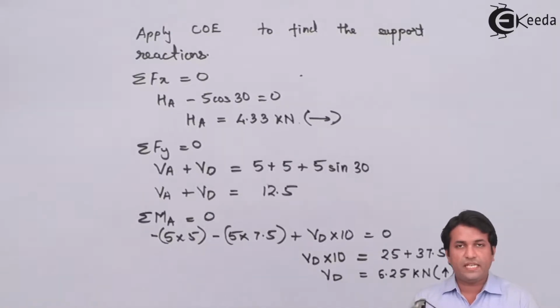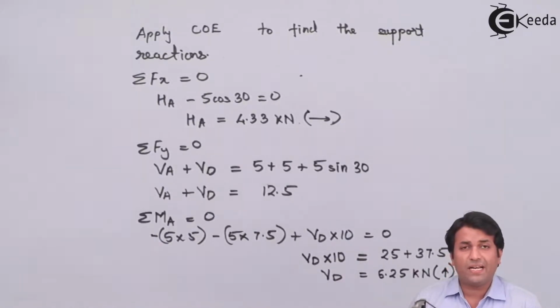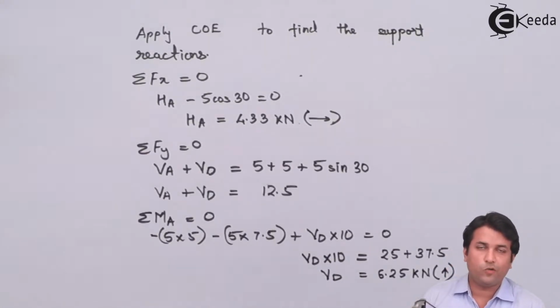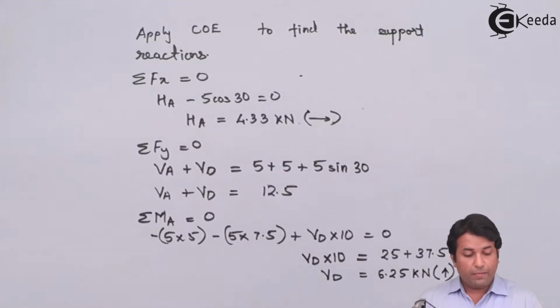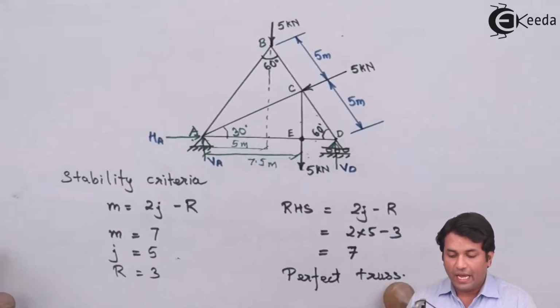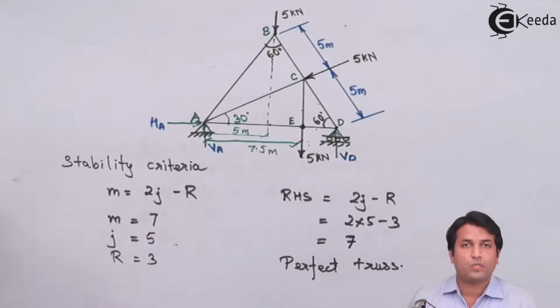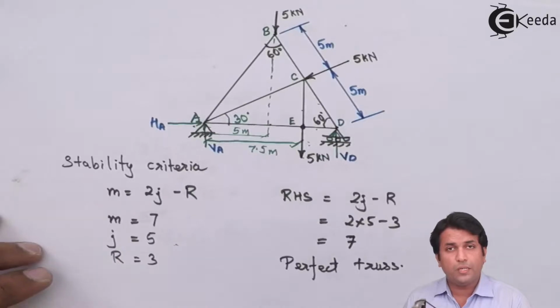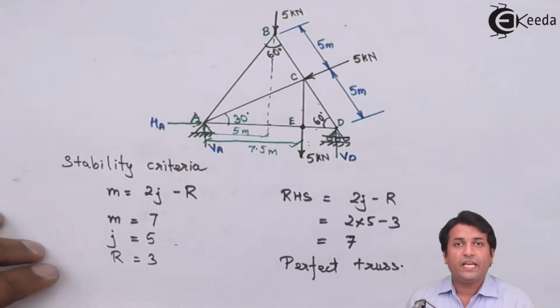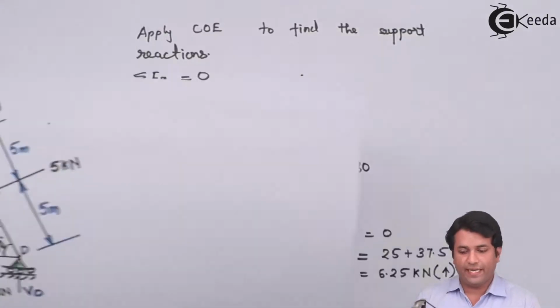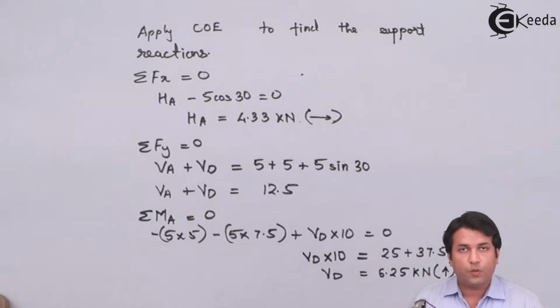Now, when I solve this equation, I'm getting the vertical reaction at D as 6.25 kilonewtons, and my assumption that Vd acting upwards is correct because I'm getting the answer for Vd as positive. Now what I'll do is, I'll put the value of Vd in the equation of Fy, that is this equation.